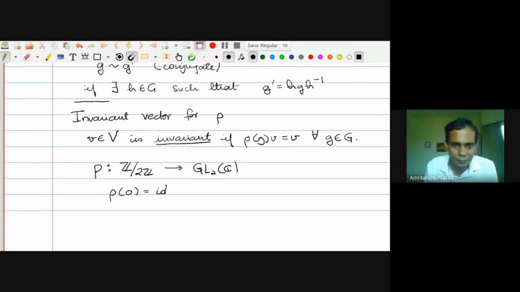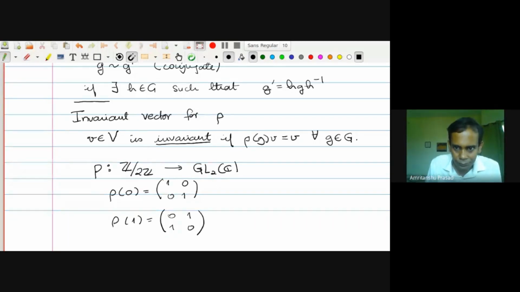Maybe I'll just write it explicitly. And ρ(1) to be just the reflection. It interchanges the x and y axis. Then we see that an invariant vector would be (1, 1). (1, 1) is an invariant vector.